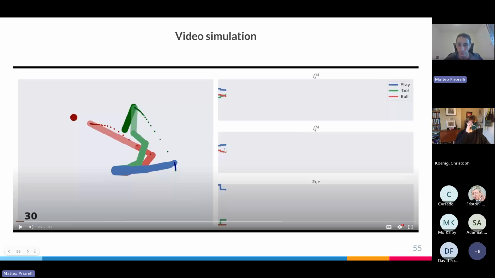And then in the third plot we have the dynamics of the discrete hidden states.